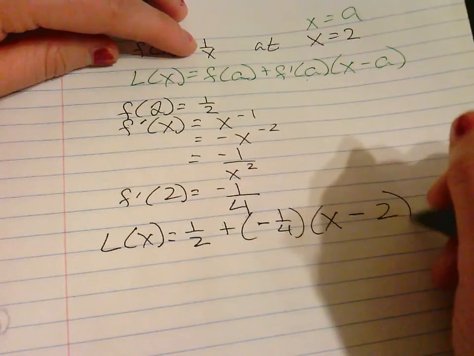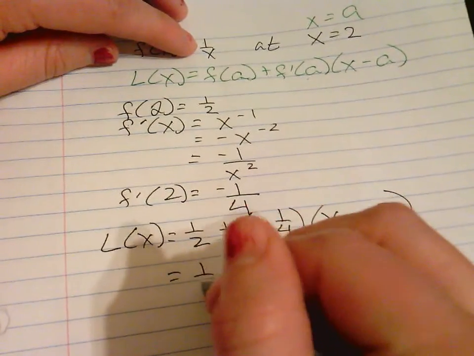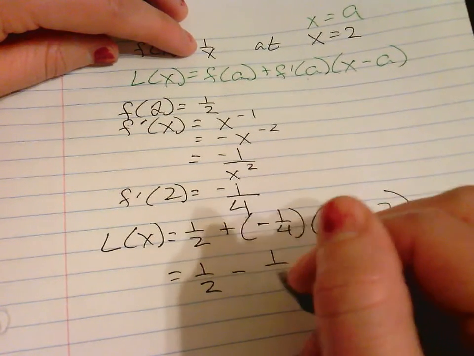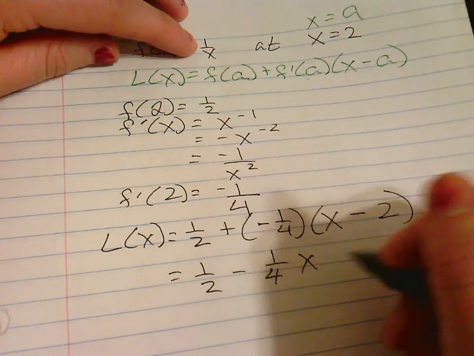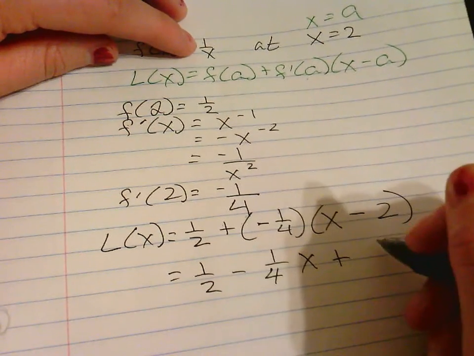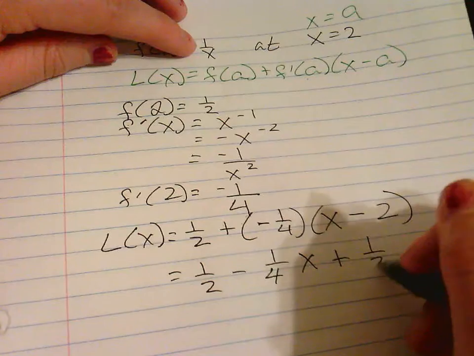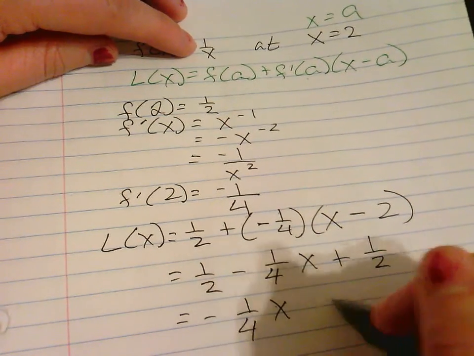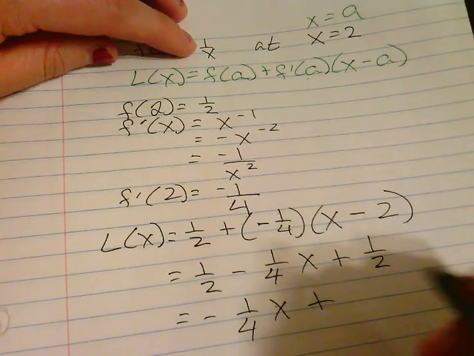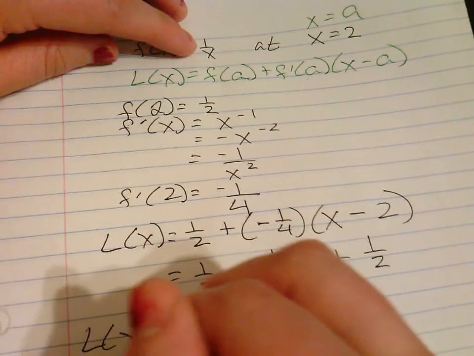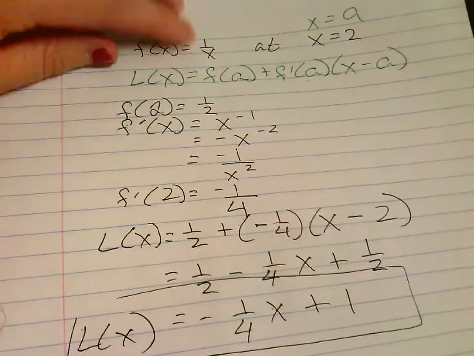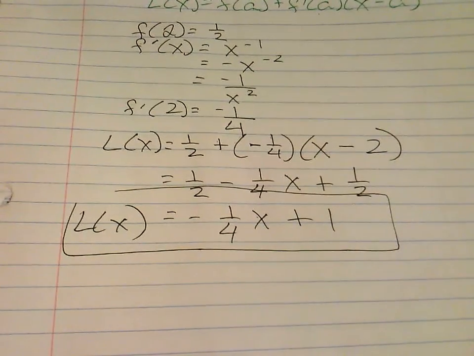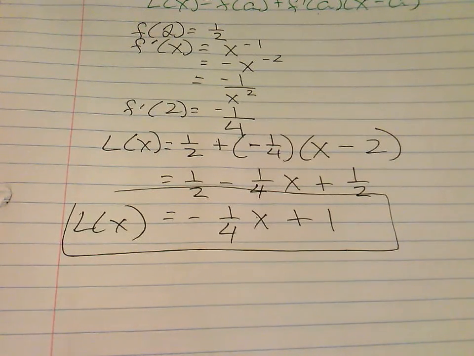So you have 1/2 minus 1/4 x plus 2 over 4, which is 1/2. So you have negative 1/4 x plus 1. Okay. So that is the linearization of f of x equals 1 over x at x equals 2.